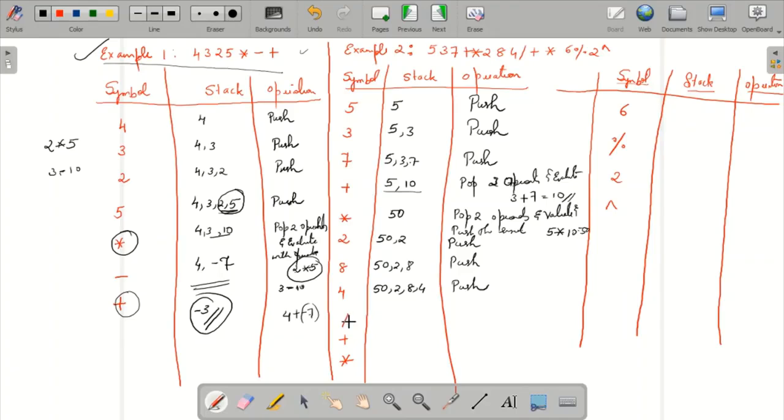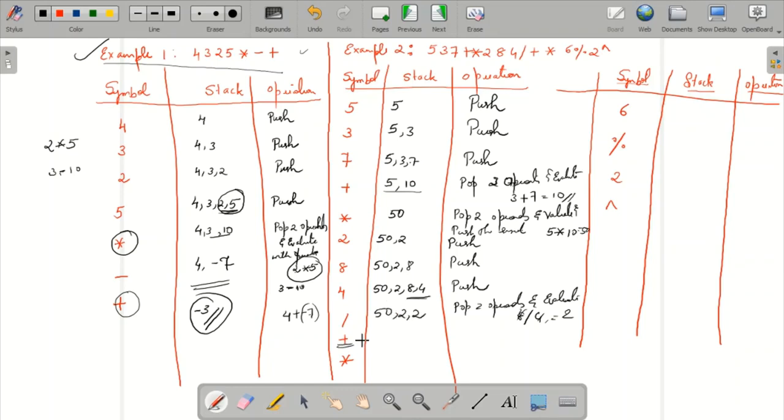Then you have division. When it is division, you need to pop two operands and evaluate. So it is nothing but 8 and 4 with division in between. 4 twos are 8, so the answer is 2. So 50 2 2.